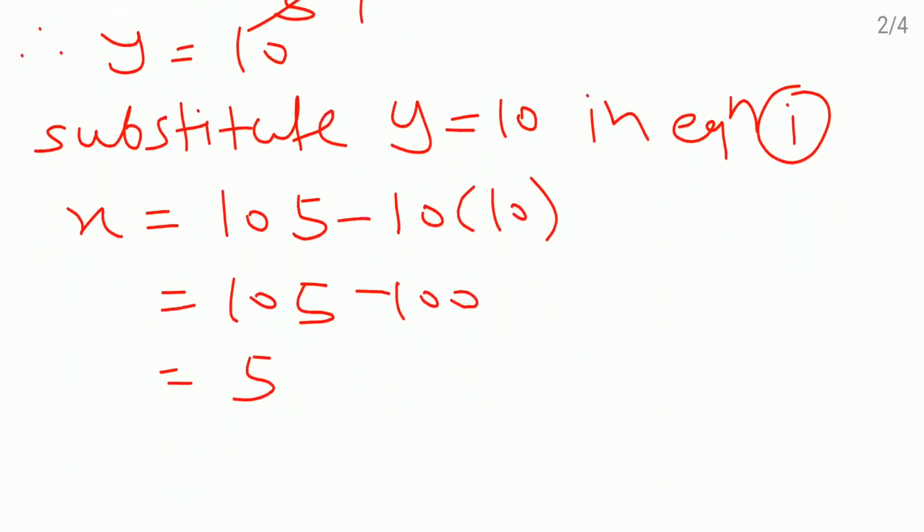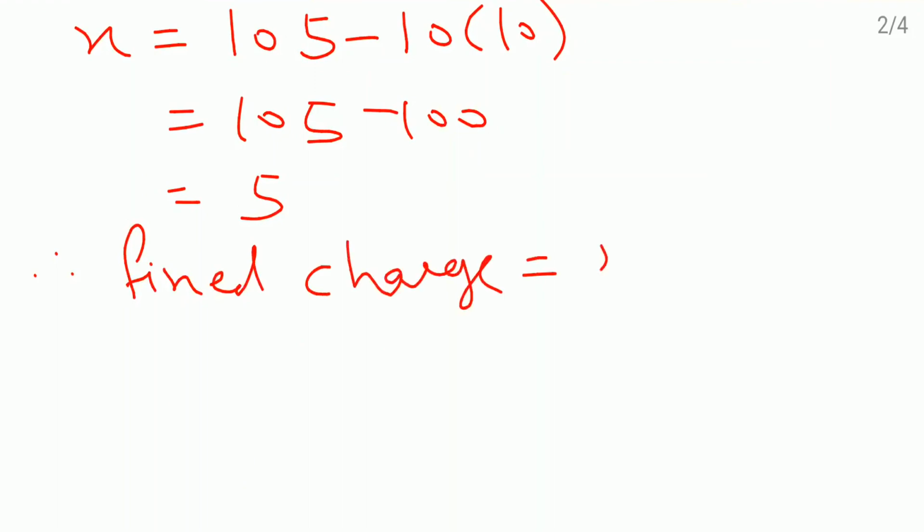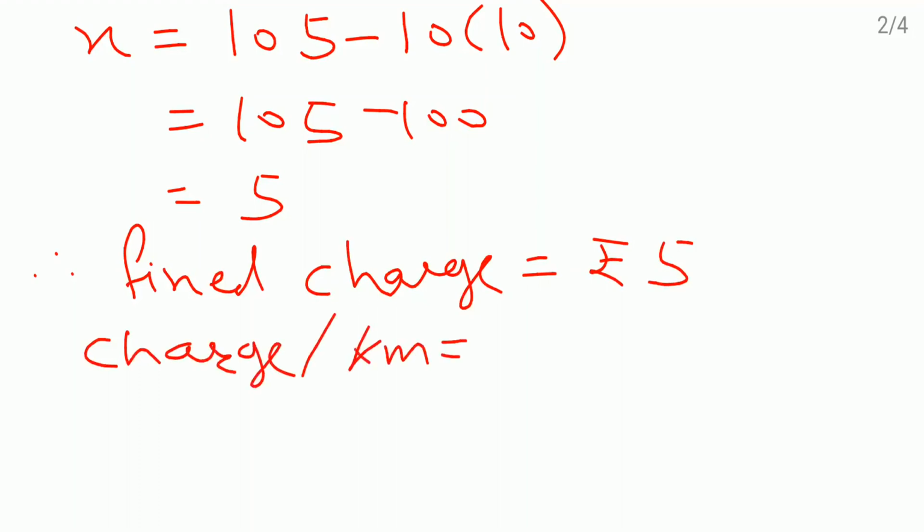So we got the fixed charge and charge per kilometer. Right? Now I can write down here, therefore, fixed charge is equal to rupees 5, and charge per kilometer is equal to rupees 10.